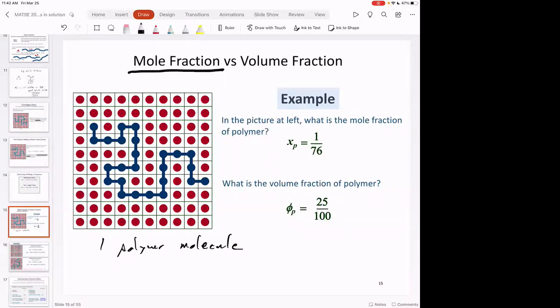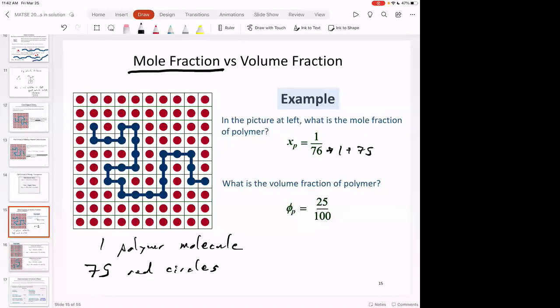And how many red circles do we have on this checkerboard? We have 100 places total. Turns out we've got 75 red circles, and I know that because the total is 1 plus 75.